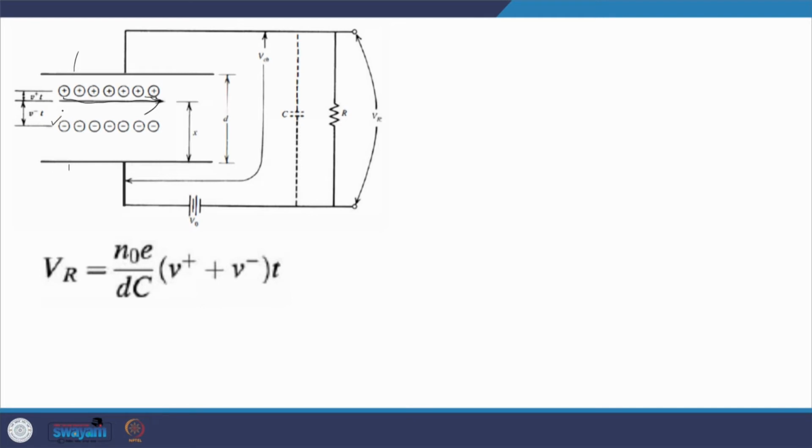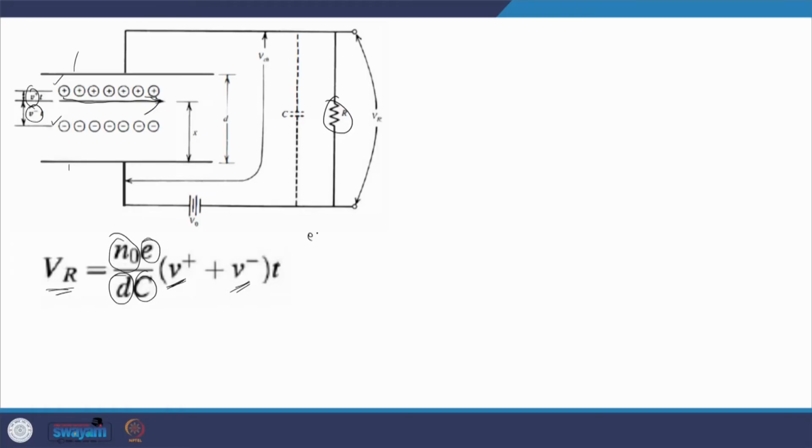Electrons are collected at the anode and positive ions are collected at the cathode, and their velocities depend on the electric field within the gas medium. The voltage across the load resistance is given by the number of charge carriers produced, the value of charge, separation between the plates, capacitance, which includes the stray capacitance of the detector, and the velocity of the positive ions and the velocity of the negative particles, that is electrons. Positive ions are around 1000 times heavier than the electrons.